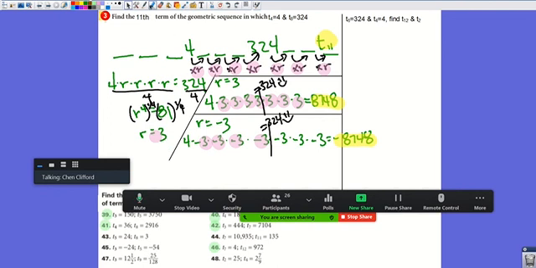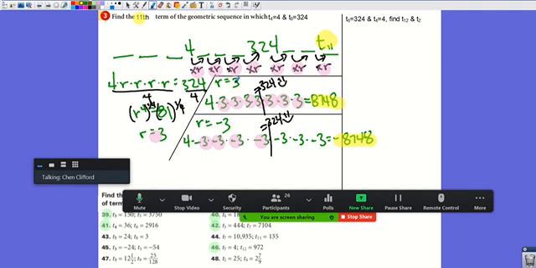Now the quote unquote new part is, instead of finding the yellow highlights in the middle, we're just trying to find T sub 11, because that's what it says right here. Look at these yellow highlights. r equals 3, r equals negative 3.